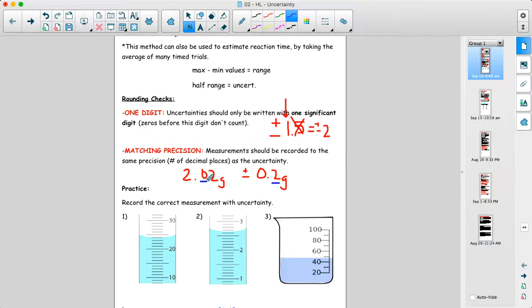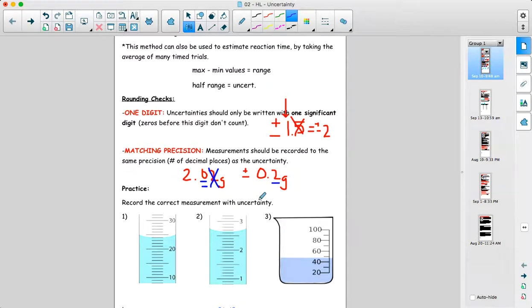That means you have no business telling me anything past that 10th place. So you need to round away any extra digits so that you have the same number of decimal places in your measurement itself, the 2 gram measurement, as you do in the uncertainty that goes along with it. This will happen occasionally with glassware.